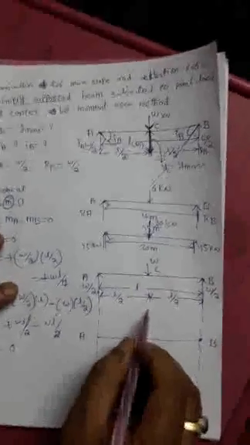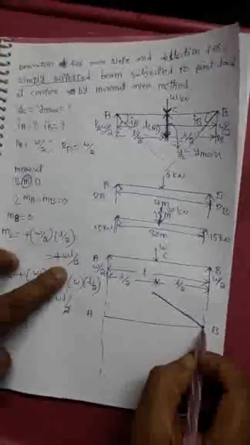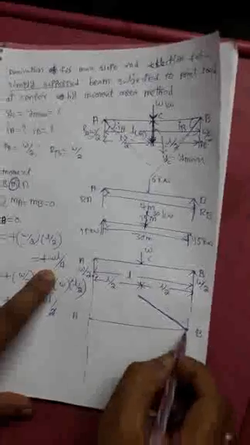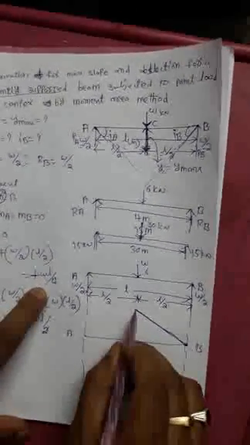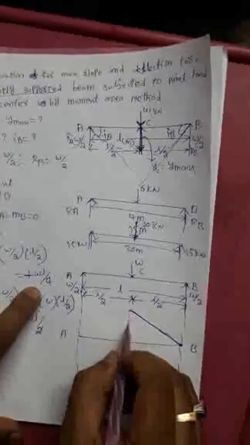Here we get a value in the plus sign. The point load appears in the form of an inclined line. MB equal to 0 and MC equal to WL by 4, so from 0 the inclined line rises to WL by 4 at the center.